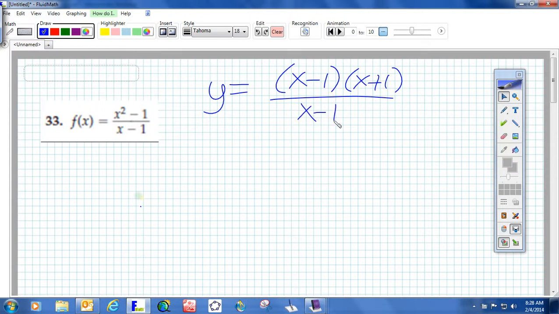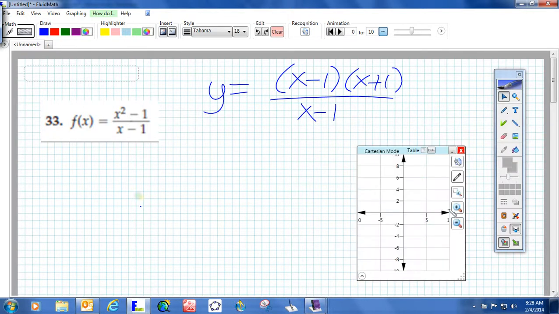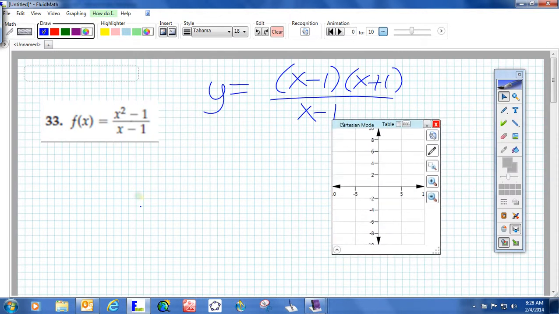So what do you expect to happen here? Are we going to have any vertical asymptotes? Are we going to have any jump or discontinuities at all? Okay, Casey, what are you expecting?